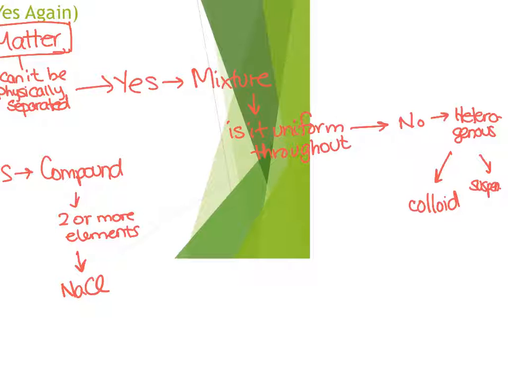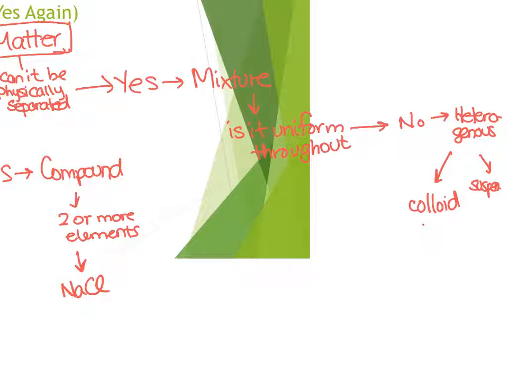Suspension. Remember, a colloid is where the particles look uniform, so the particle size is so small that it appears to be uniform throughout. So an example of that would be fog or milk. And it shows us what we call the Tyndall effect. Suspensions, on the other hand, is where you have clearly separate pieces, you can see the different pieces in it. So an example would be a chocolate chip cookie or Italian salad dressing.